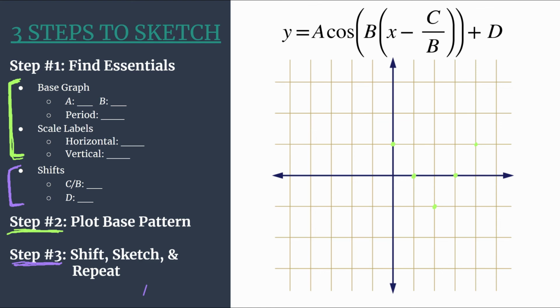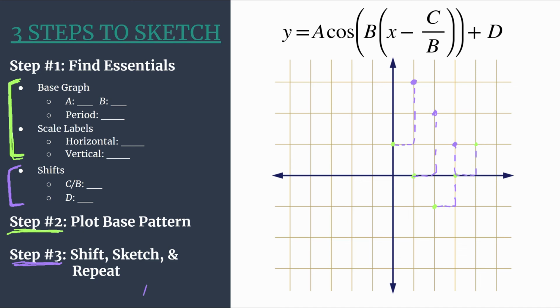Then in step 3, we'll take each of these green intermediate points from step 2 and apply whatever shifts. Let's say we had shifts equivalent to 1 unit horizontally and 2 units vertically. So take each of your green points and move right 1 unit and up 2 units. Then you'll plot your first final point, and you do that with each of your points. Again, this is just a general example so you get the idea of how this will happen.